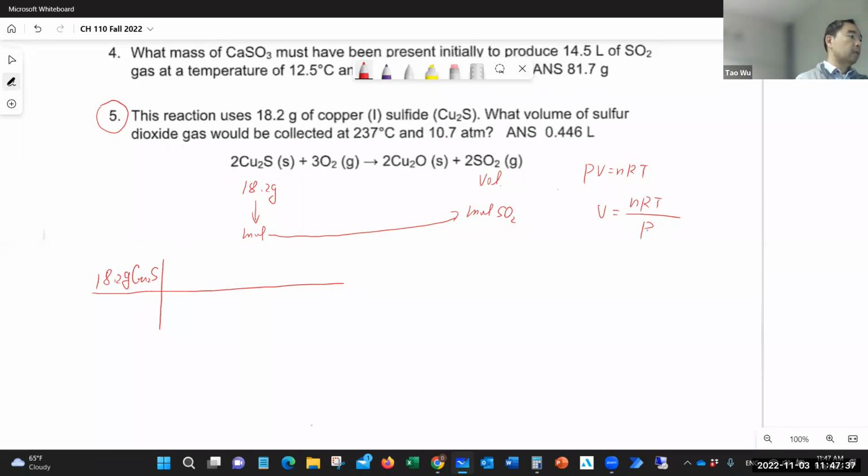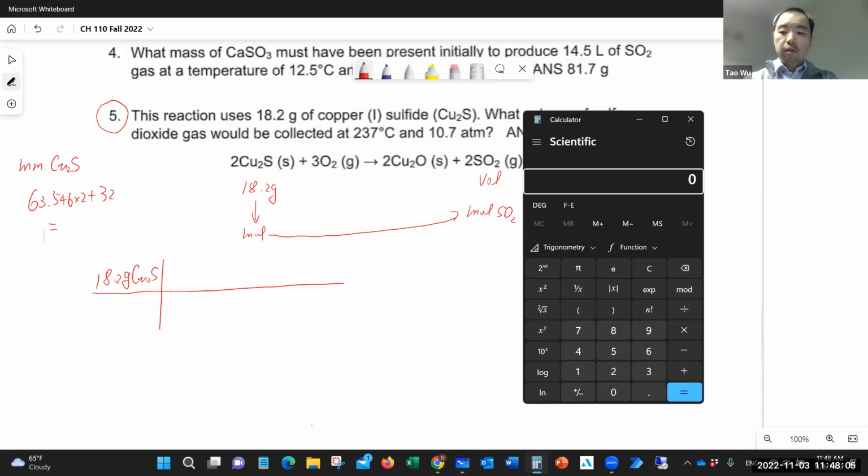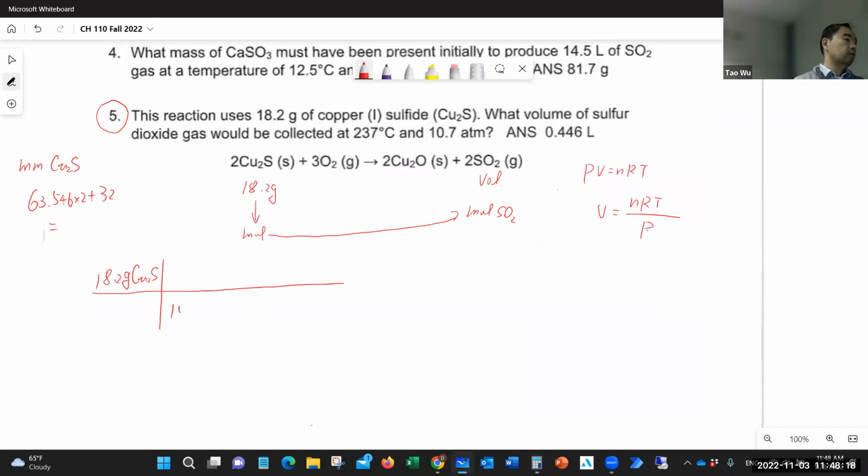If you look at the molar mass of the copper 1 sulfide, that's gonna be 63.546 times 2 plus sulfur, which is 32. So 159.092.